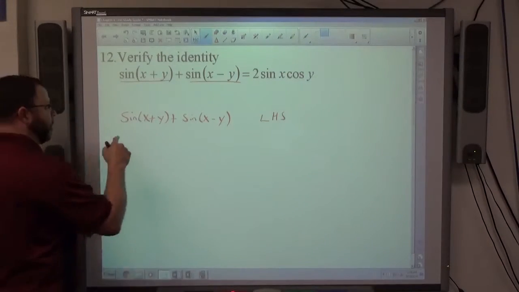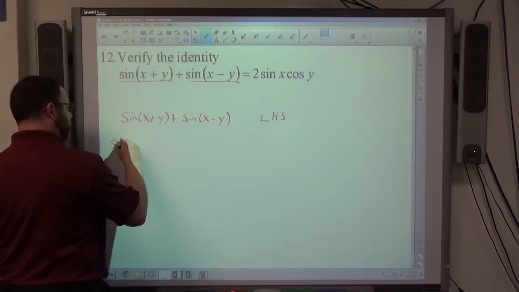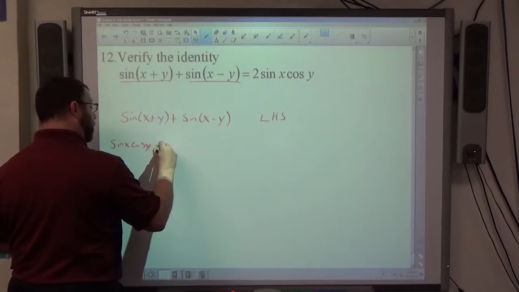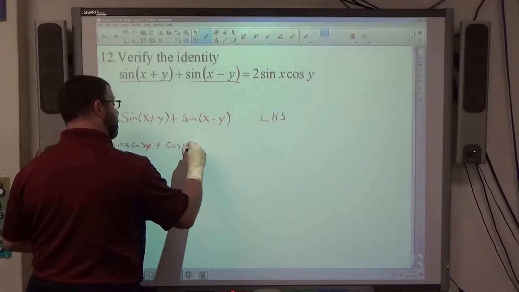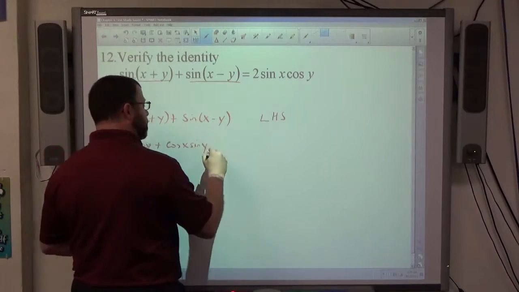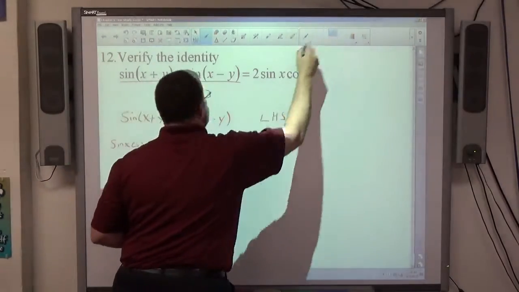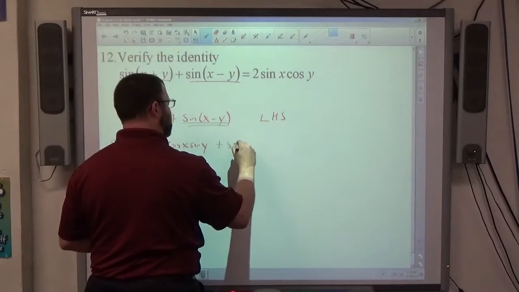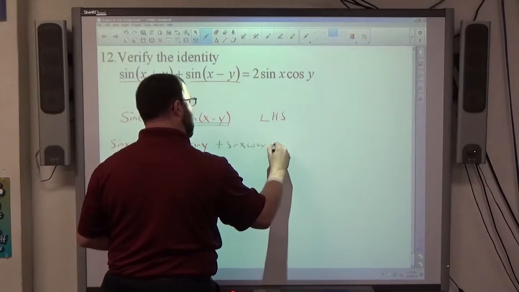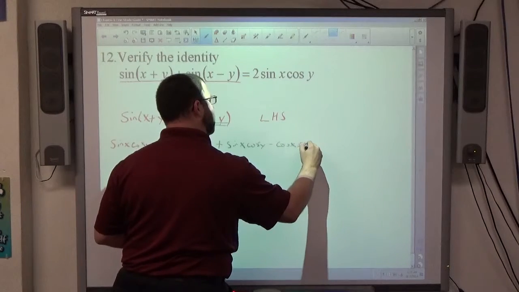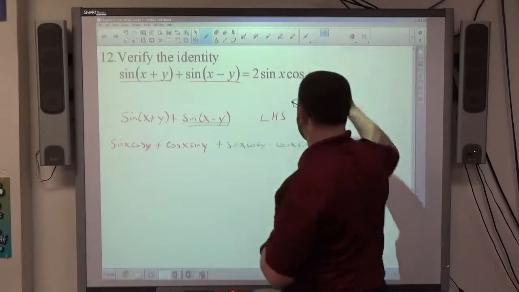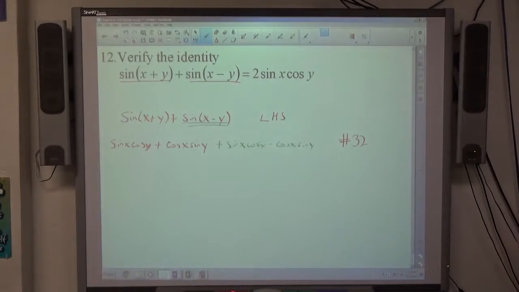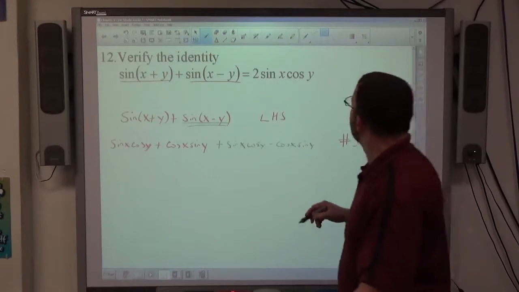So number 32 says sine of a sum is sine of x cosine of y plus cosine of x sine of y. Sine of x minus y is going to be, let me do these in different colors, plus sine of x cosine of y minus cosine of x sine of y. Both of those are number 32, sine of a sum and sine of a difference. Okay, those are the identities.